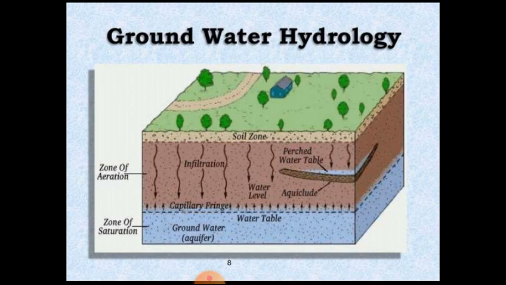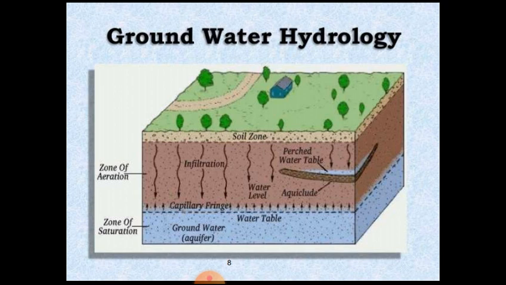We discussed this in the last hydrology class also. When water touches the surface and infiltrates into the soil, that is called infiltration. It means water entering into the soil is called infiltration. Then the groundwater table is there.